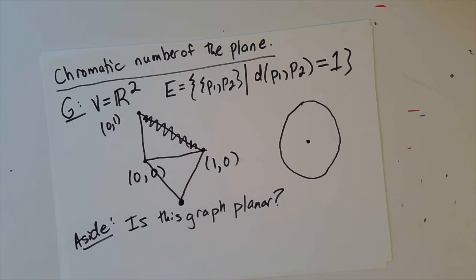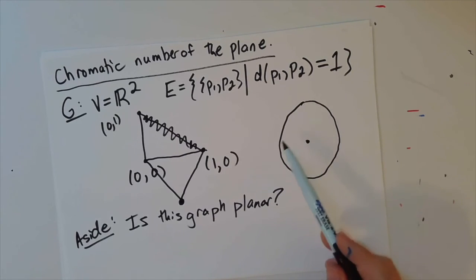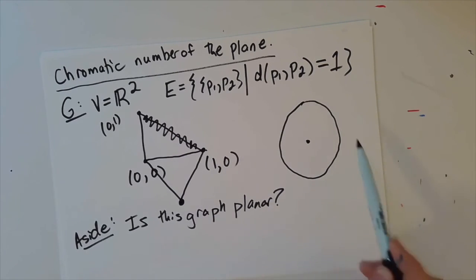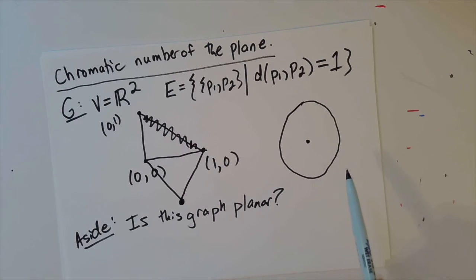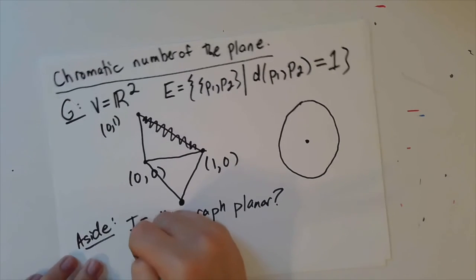Except, remember that being a planar graph means that you have to be able to draw these things without the edges crossing. Whereas if you tried to imagine all the edges that exist between these points, even just the points on the circle, it would be a humongous mess. There would be no possible way that you could get all of these things. And so, is this graph planar? Definitely not.